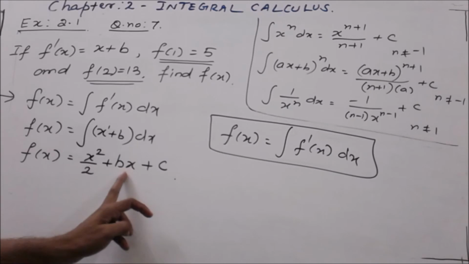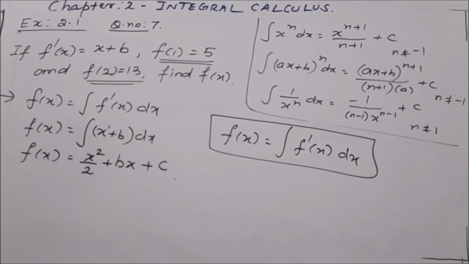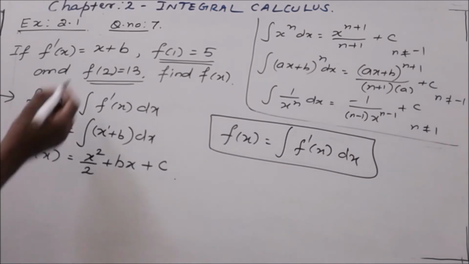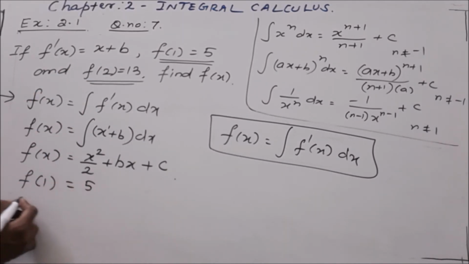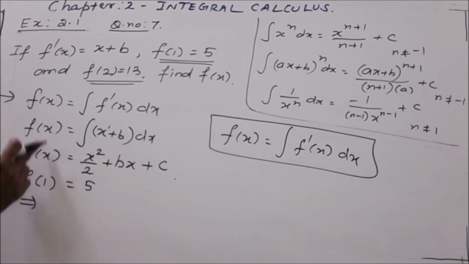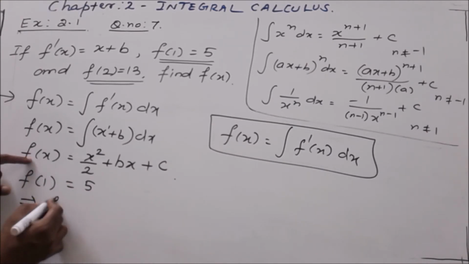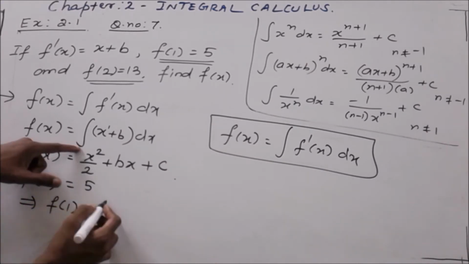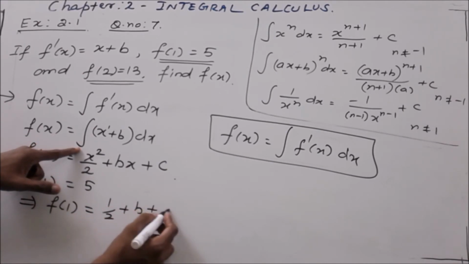To find those constants, they have given two pieces of information, f of 1 equal to 5 and f of 2 equal to 13. Substituting x equal to 1, f of 1 equals 1 by 2 plus b plus c.